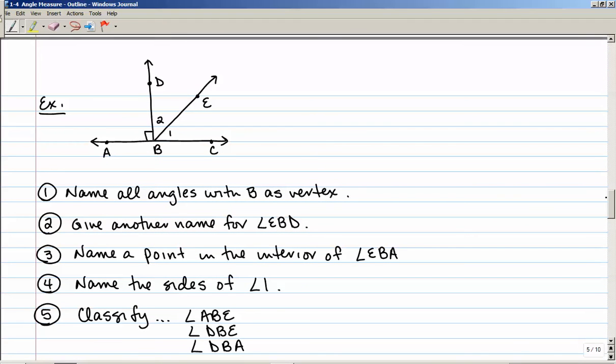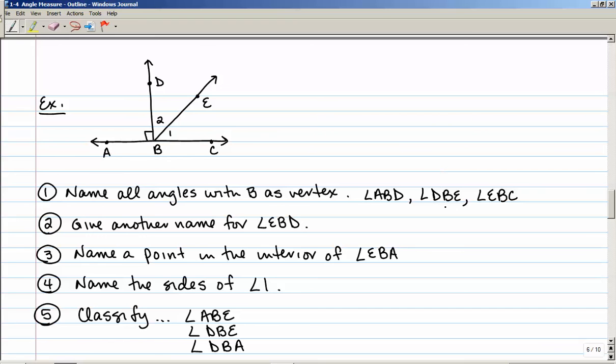Here's a diagram with a couple angles in it and a few things we need to do with it. Number 1 says name all of the angles that have B as their vertex. So I'm seeing angle ABD, which is a right angle. Angle DBE. Angle EBC.